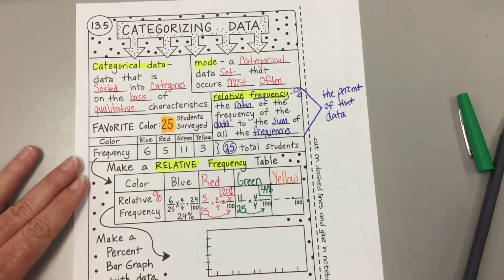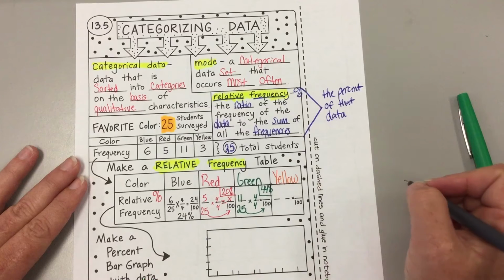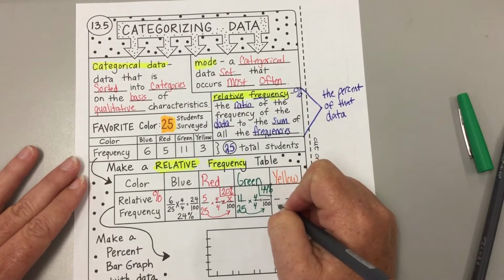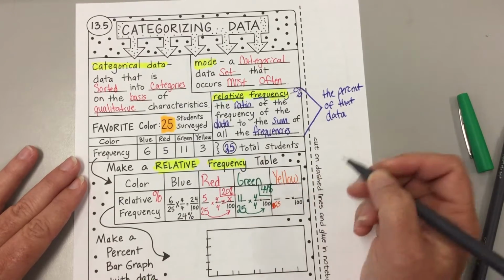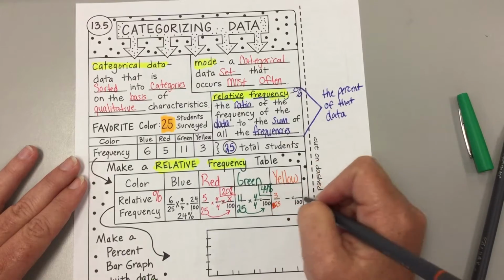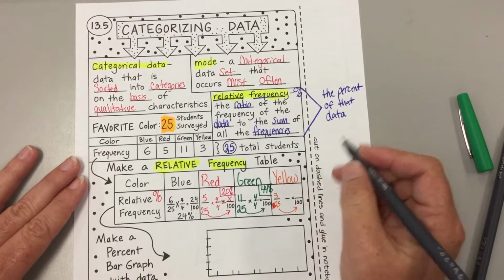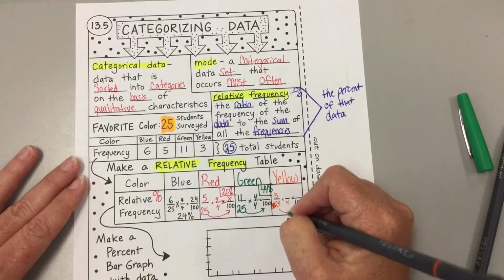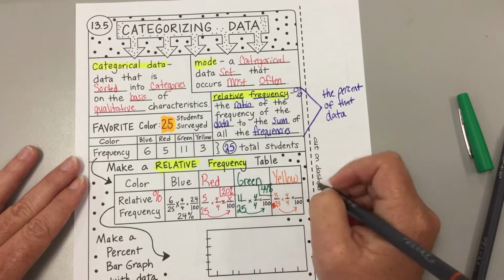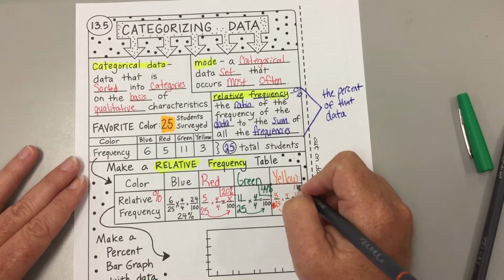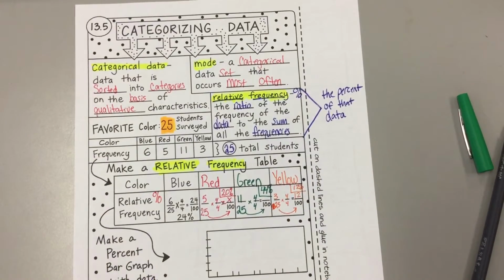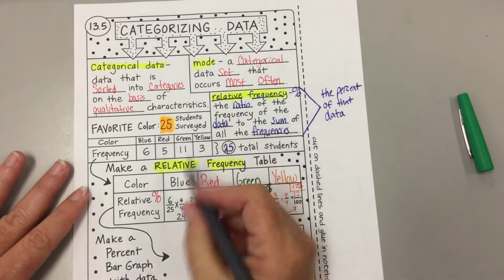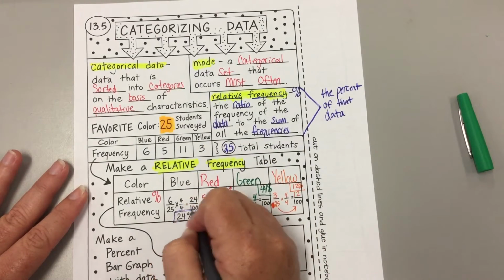And then yellow, what was the total number of students? 25. How many chose yellow? 3. What did I do to 25 to get to 100? Multiply by 4. Whatever I do to the bottom, go to the top. 3 times 4 is 12. What percent chose yellow? 12%. Perfect. That's all I have to do. Relative frequency is just finding the percentage.